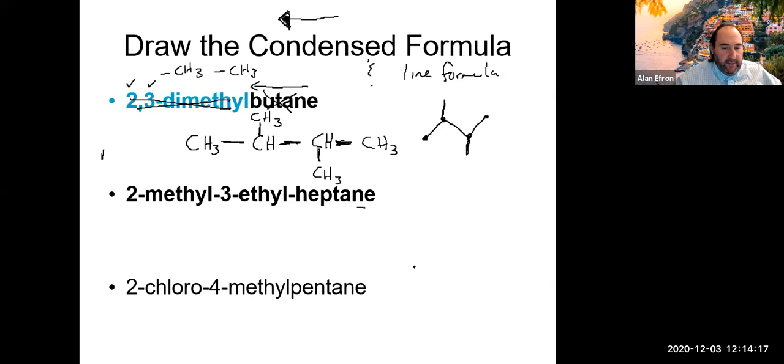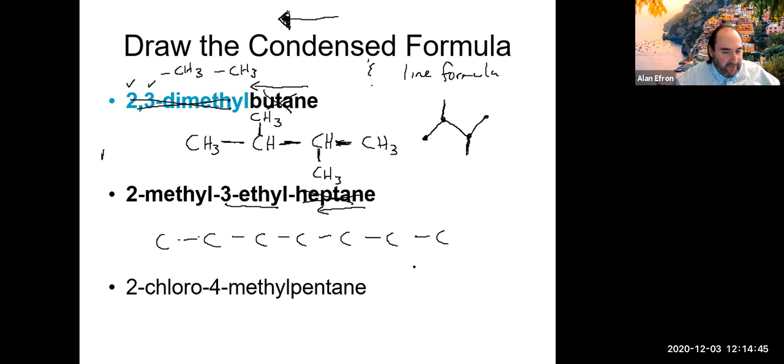All right, so rolling to the next one, we're going backwards here. We have heptane, which is 7 carbons. That's a lot of carbons. So we'll go 1, 2, 3, 4, 5, 6, and 7, hopefully. Now we have an ethyl group, and an ethyl group is a 2-carbon group, at carbon number 3.